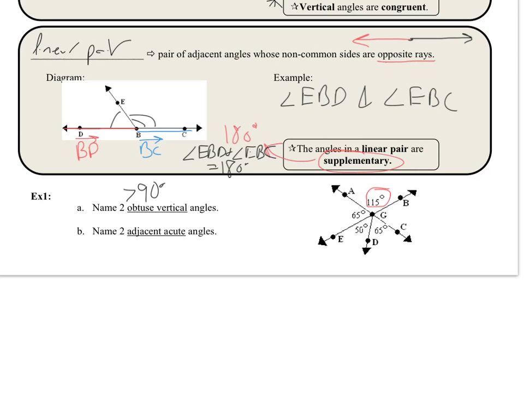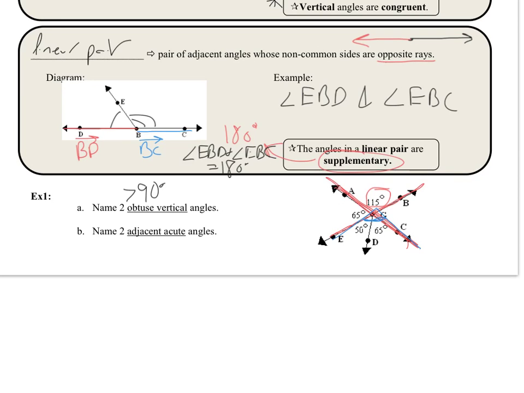Now, the easy way to look at vertical angles, we are going to look at the two lines that form the 115 degrees. So this 115 degrees is AGB, and the vertical angle is the angle right across from it. So in this case, the other angle we are looking at is angle EGC.